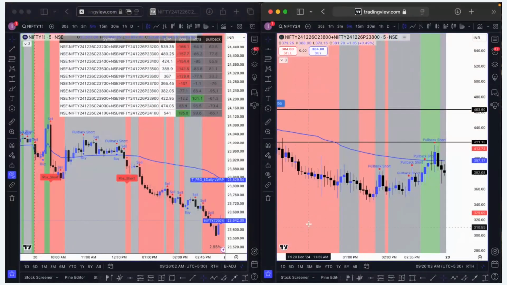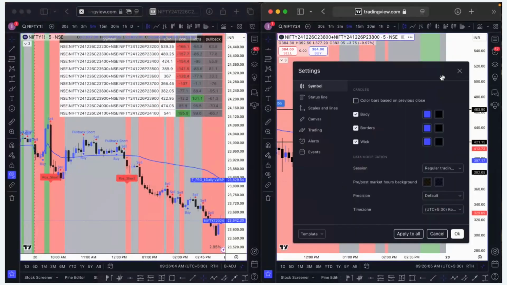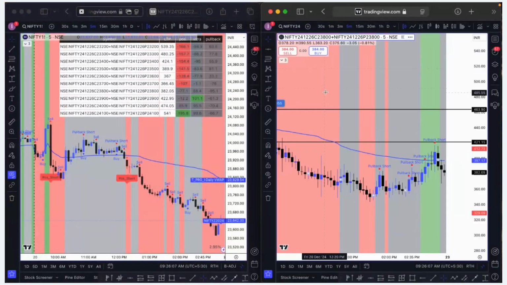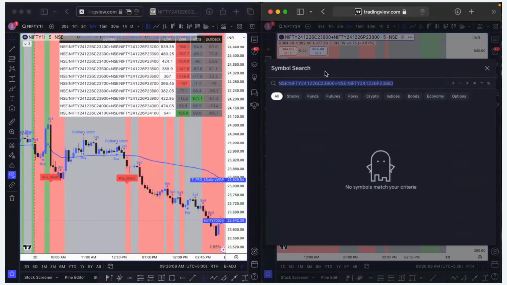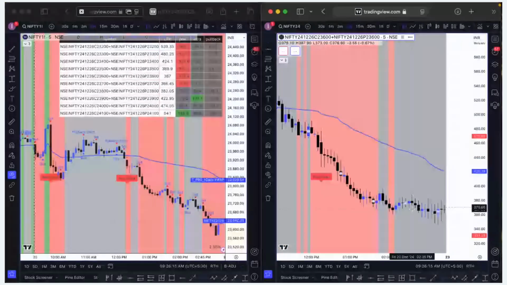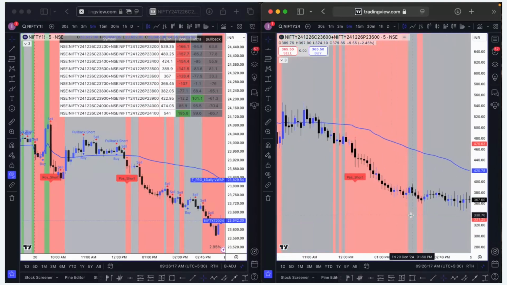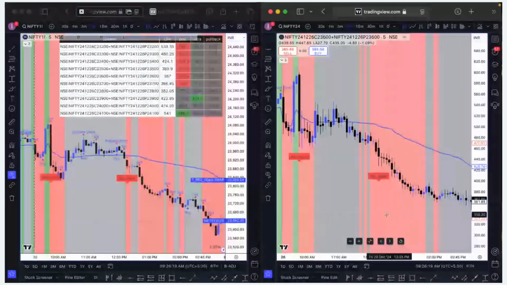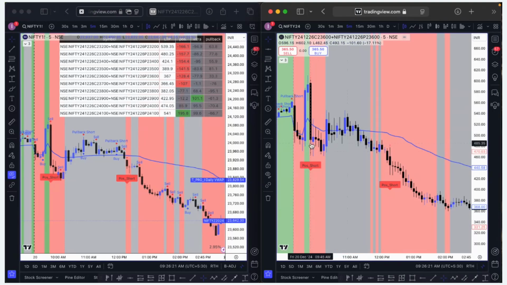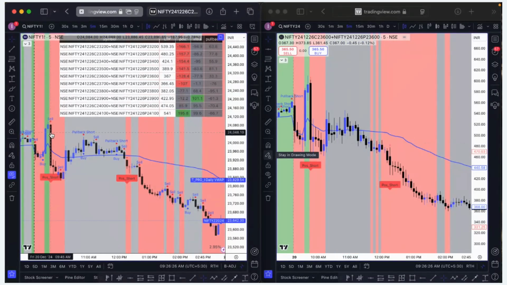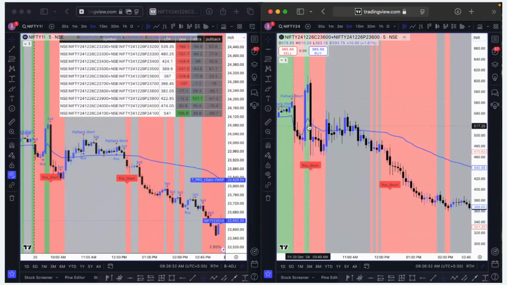Now look at this 23,600 straddle. It has given a shot. Look at this green move that happened in this straddle. This straddle initially at around 9:45, when this candle was forming, the market closed at around 23,900 or 890 somewhere around, whereas this straddle 23,600 was in sell mode.